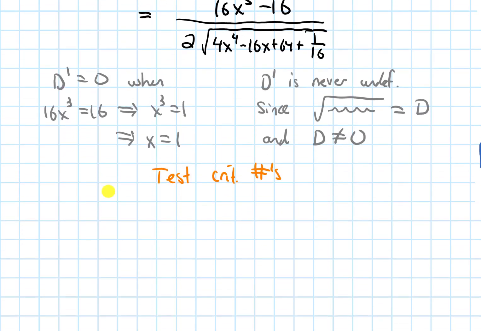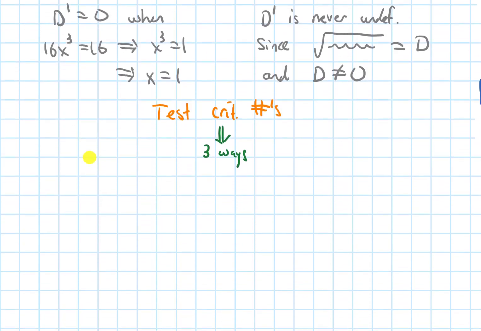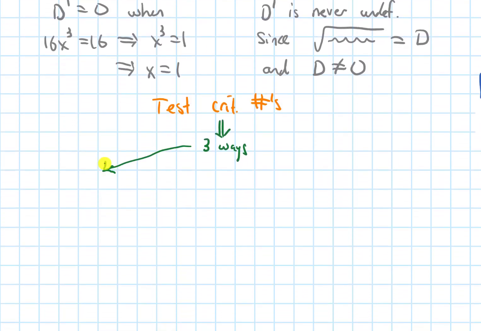And we saw in lecture that there's 3 ways to do this. So the 3 ways, let's recap those 3 ways. Okay, so the first way is I call this the closed interval method. So we use the closed interval method and the extreme value theorem. Okay, so the extreme value theorem says on a closed interval, as long as my function is continuous, it will have an absolute max and an absolute min.